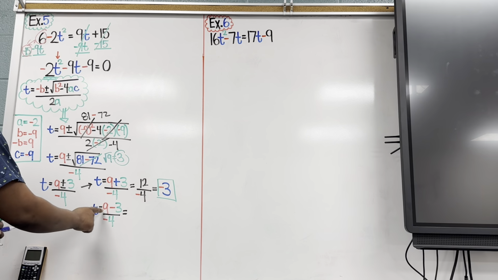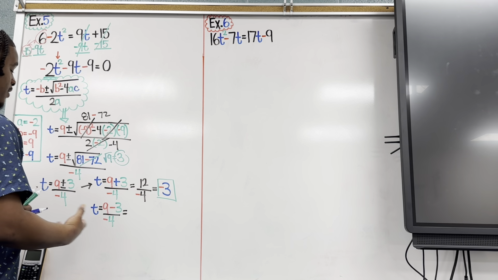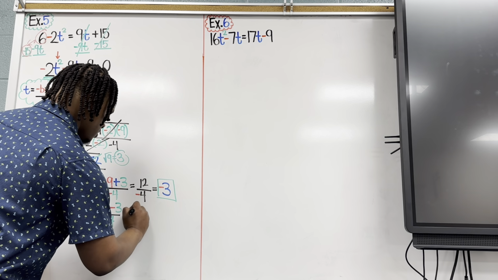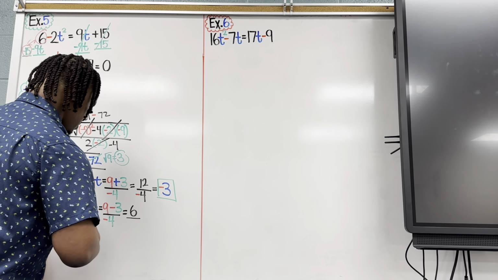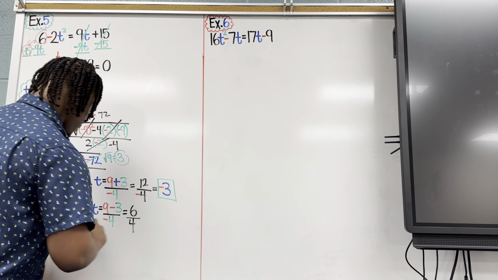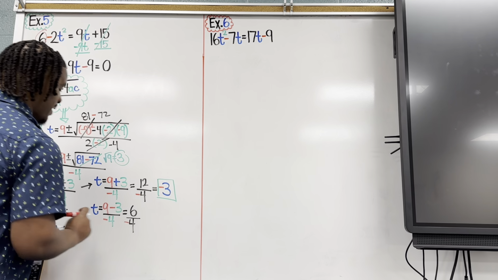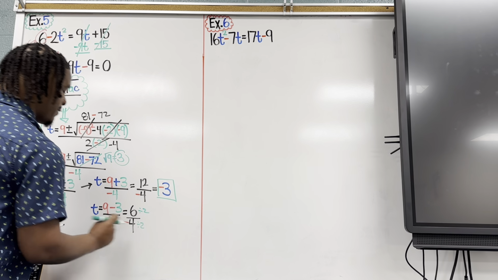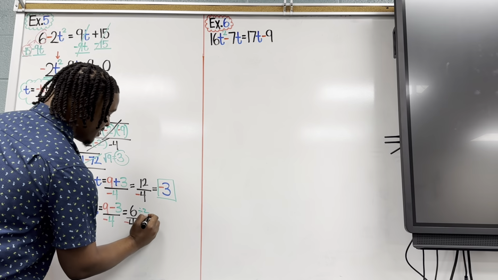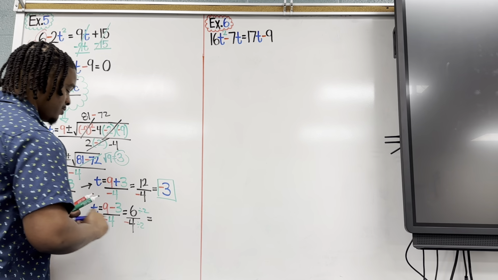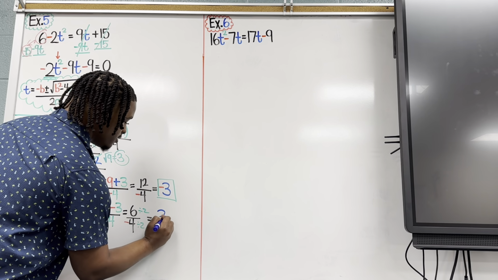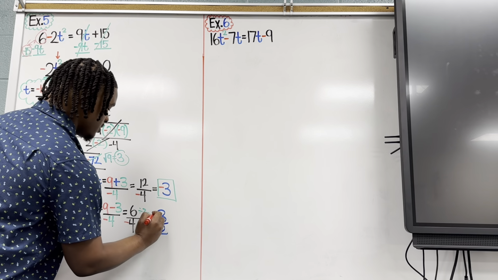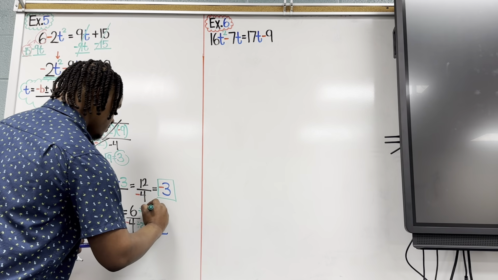Let's find out the other possible value that t could be. 9 minus 3 is 6. Then I'm going to have 6 over negative 4. That's a fraction, and I can simplify. If I divide by 2, top and bottom, that would turn into a negative 3 over 2.